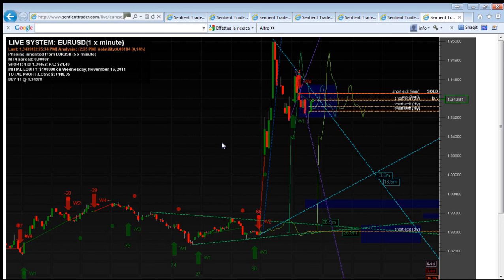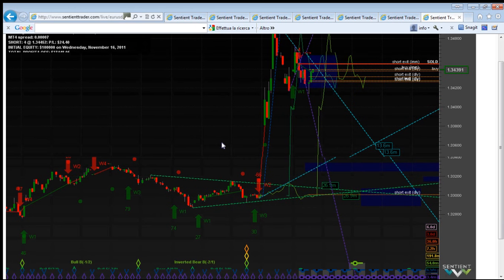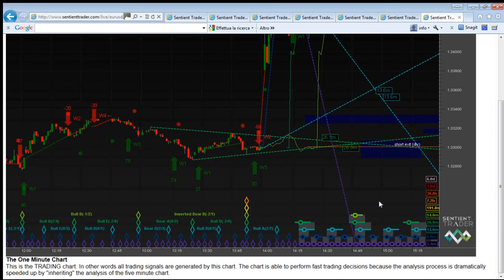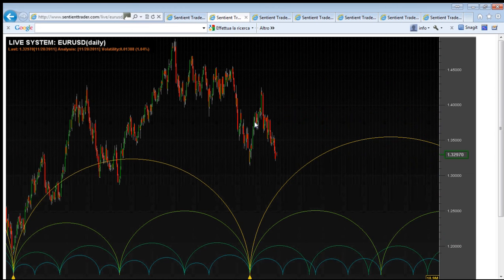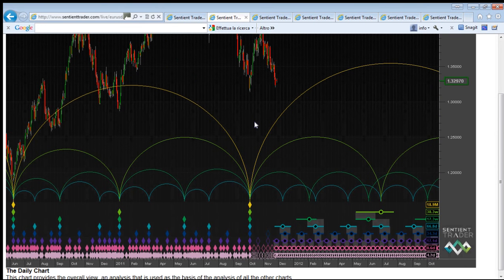The 1 minute chart, and let's take a look at the 1 minute chart. There is the 1 minute chart, our live analysis system at the moment. If you have a look at the phasing analysis presented at the bottom of the chart, this 1 minute chart is plotting phasing analysis going up to 6 days. So it is tracking cycles up to 6 days.